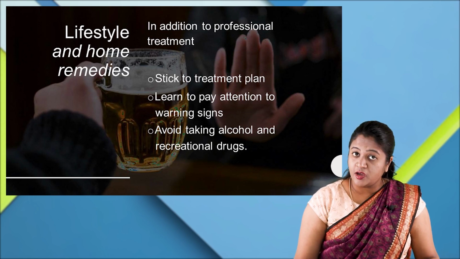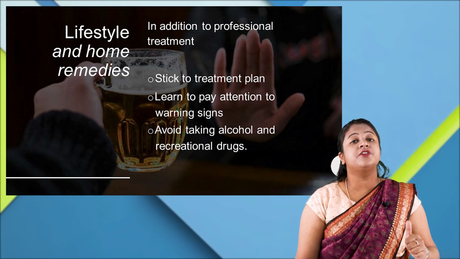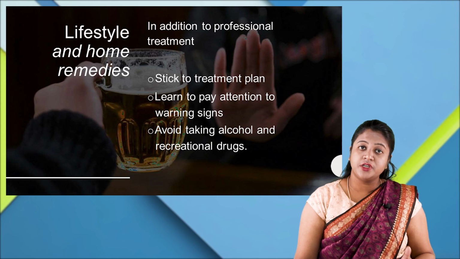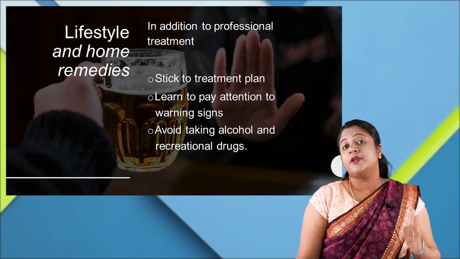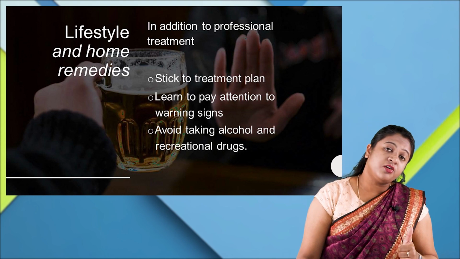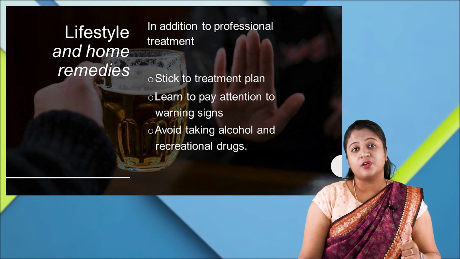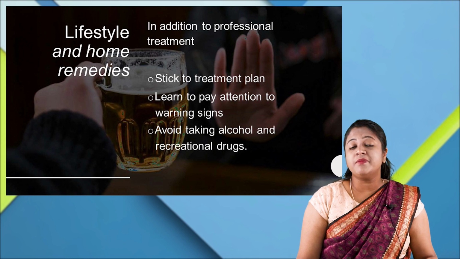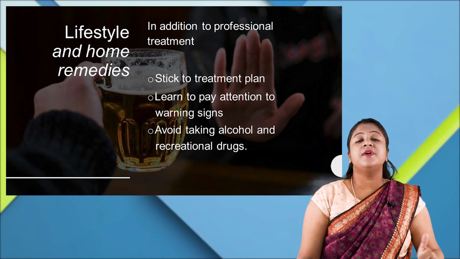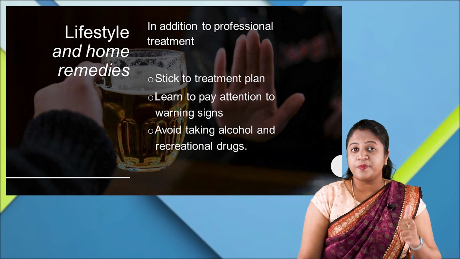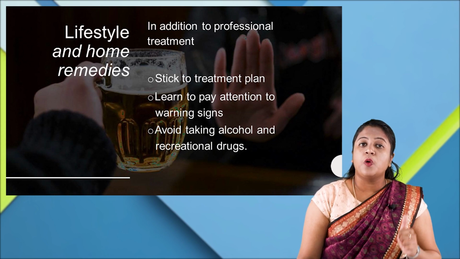First thing, he has to stick to the treatment plan. If the treatment is to be continued, he has to strictly adhere to the treatment regimen, and not think that he's all right, because skipping those medications is not going to help him. There may be a chance of recurrence. Educate the patient as well as the family to always pay attention to the warning signs.